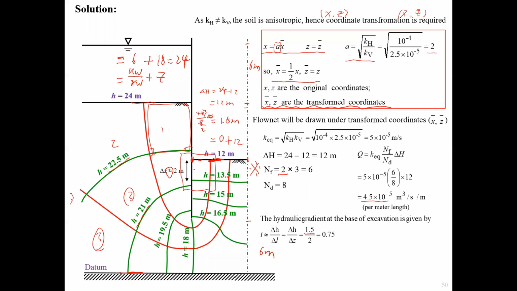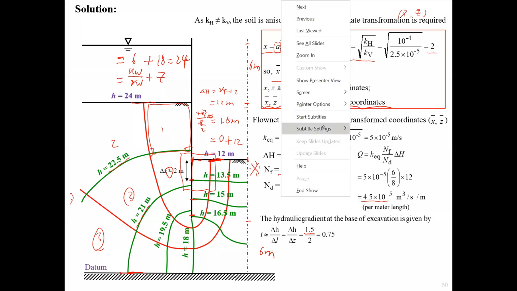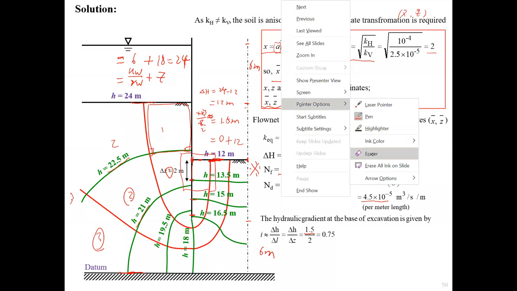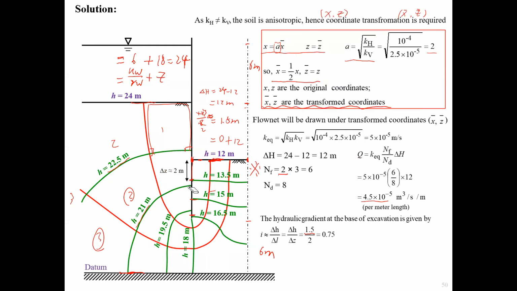Delta L will be the vertical distance. Because we draw the flow lines, you see it has roughly three equal potential lines. So roughly these lines will be 1/3 the total length, and we know the total length is 6 meters.